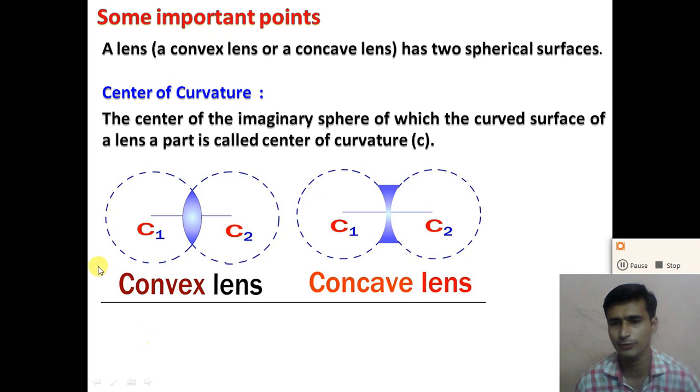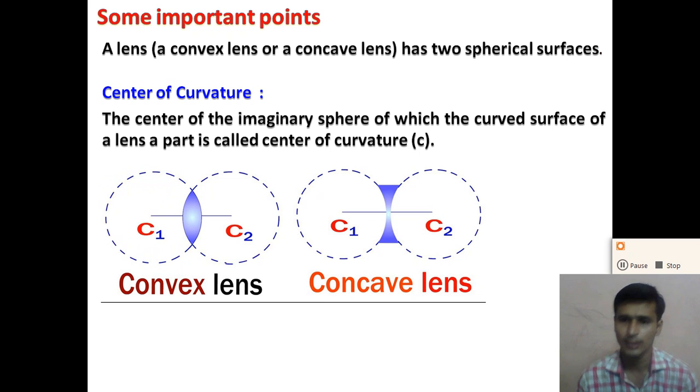So suppose we consider this convex lens. If we consider this outer surface, it is a part of an imaginary sphere. So it has a center of curvature at that point, and this center is called the center of curvature.